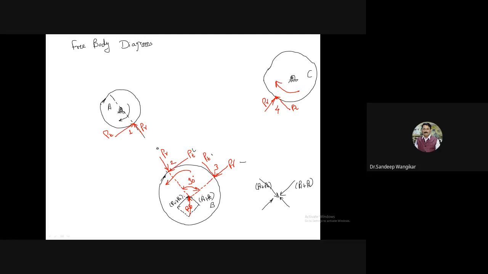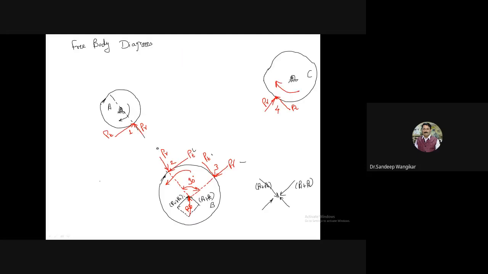I want to explain this using this diagram, and then we will proceed further. So the last step I will write down: reaction at the idler gear shaft. If we consider the equilibrium of forces at this particular point, the two faces are at 45 degrees, which means 90 degrees between points 2 and 3.